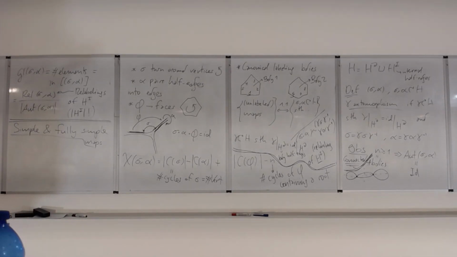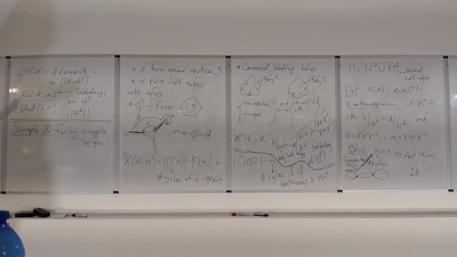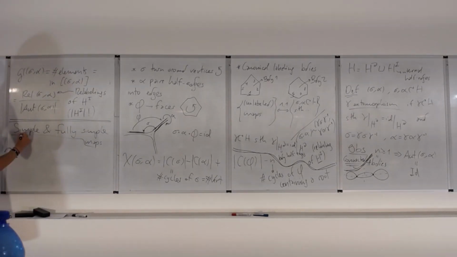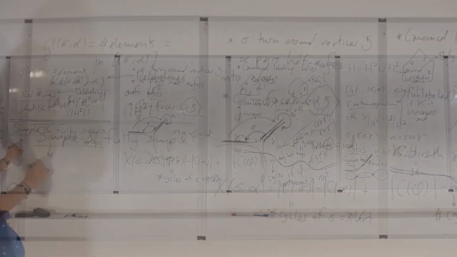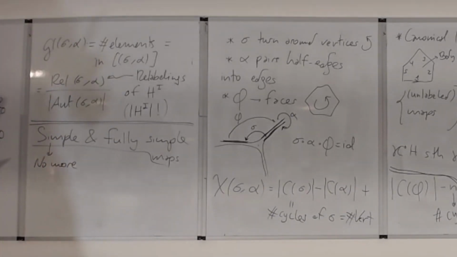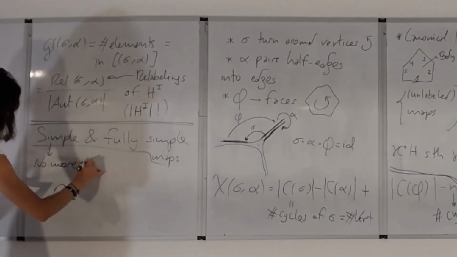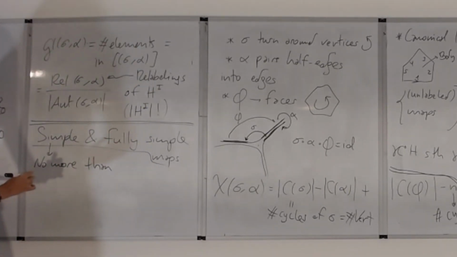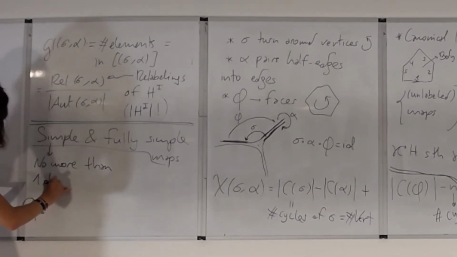Okay, so we talked a bit about motivations, and now we go to these two types of special maps. By simple, I just mean that there will be no more than one boundary edge per vertex. This is a bit cumbersome to state, but it's very easy.